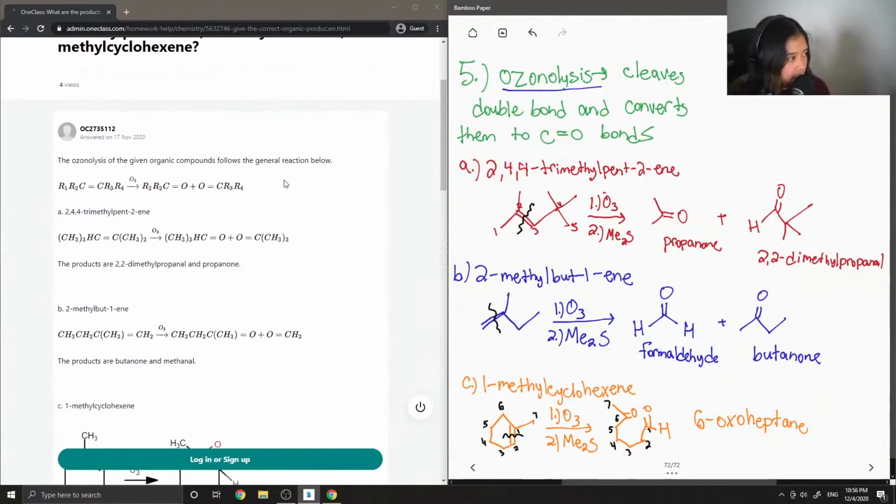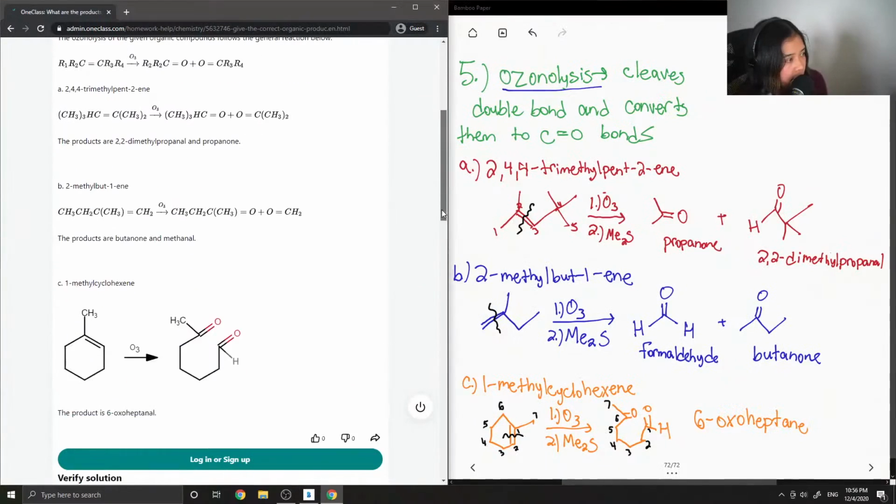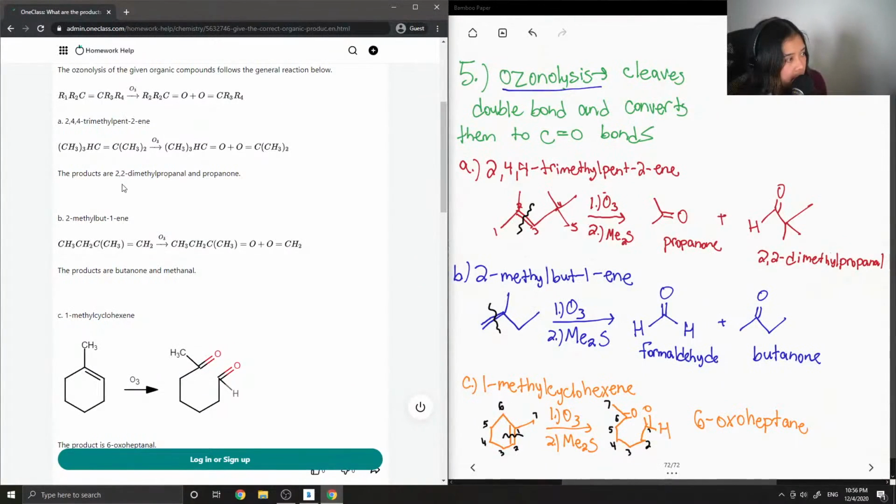Okay, so the junior tutor said, ozonolysis of the given organic compounds follows the general reaction below. So it shows that the double bond breaks and there is now an oxygen in its place. Okay, so their first products, they got 2,2-dimethylpropanal.